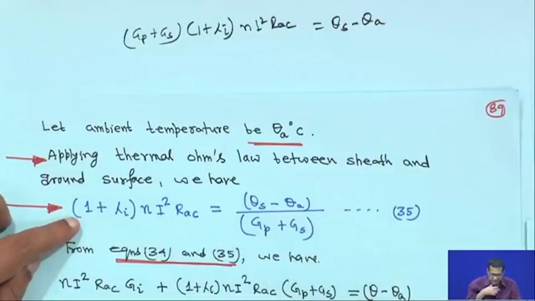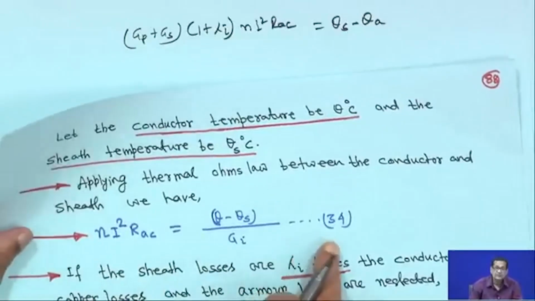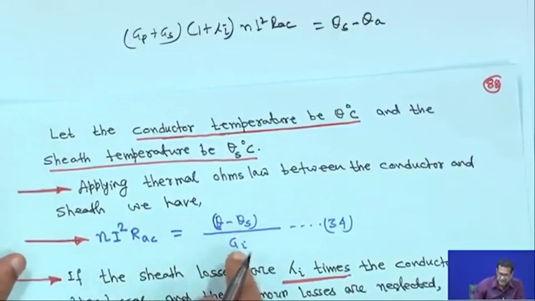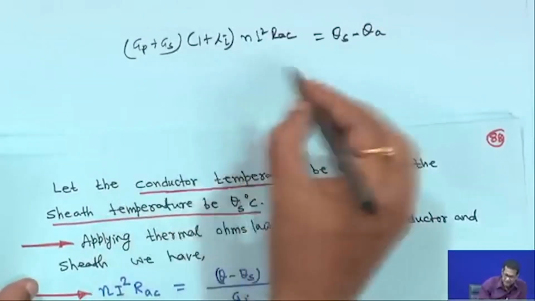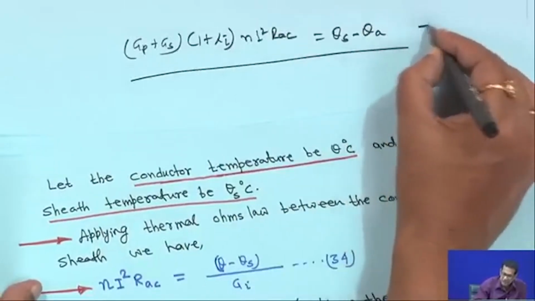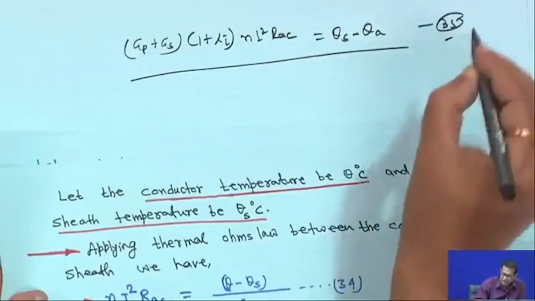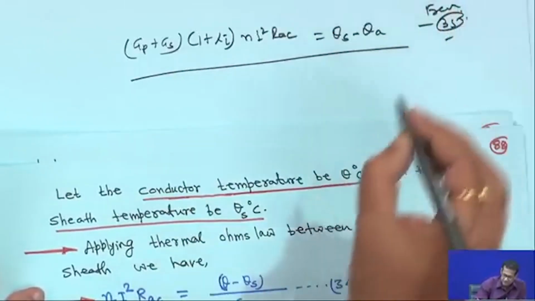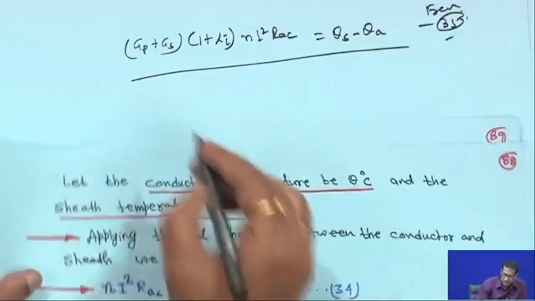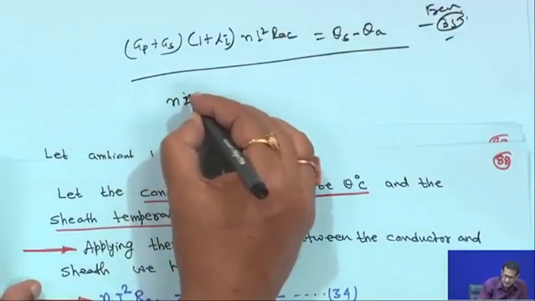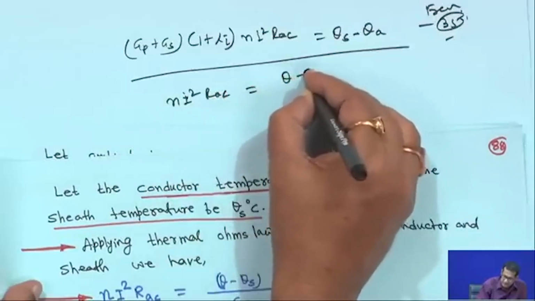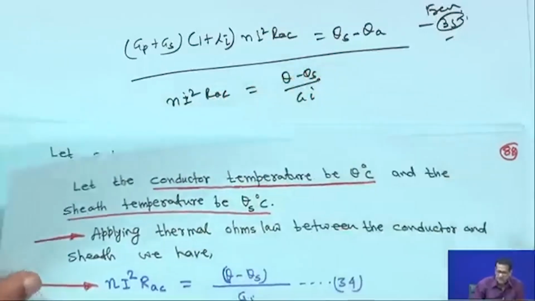This you can write. Now in equation 34, n I square R A C is equal to theta minus theta s, Gi. So from 34 we can write n I square R A C is equal to theta minus theta s divided by Gi.